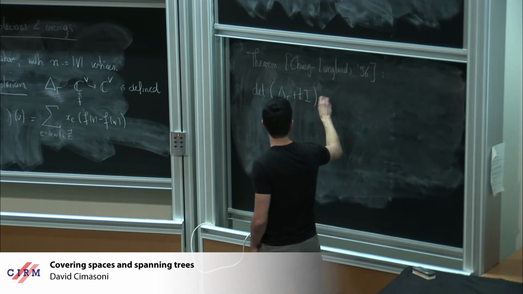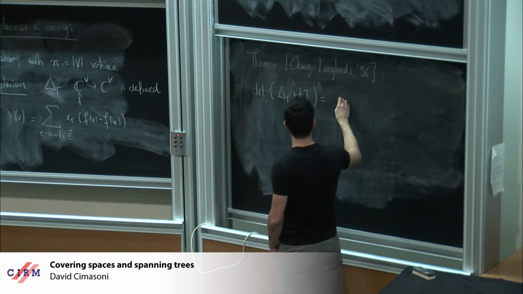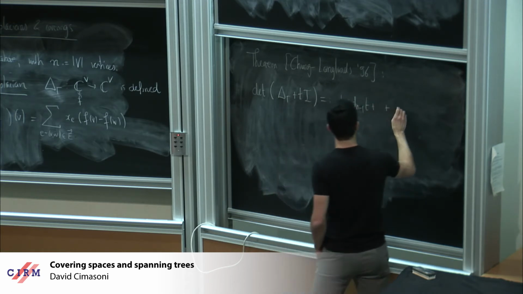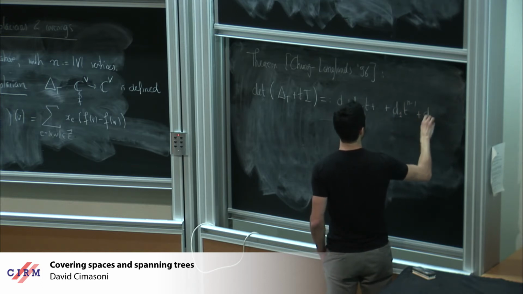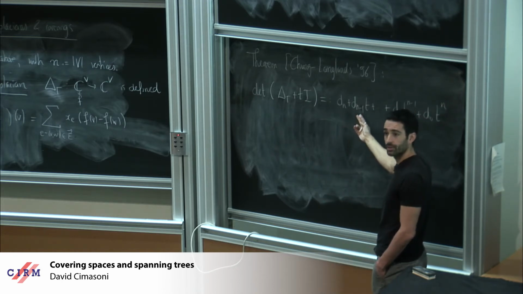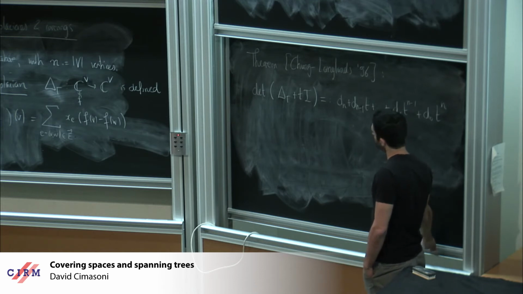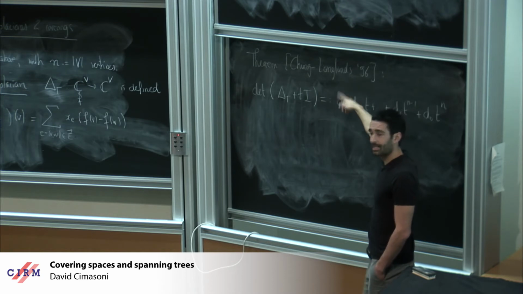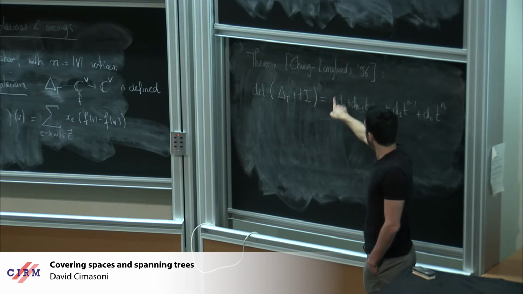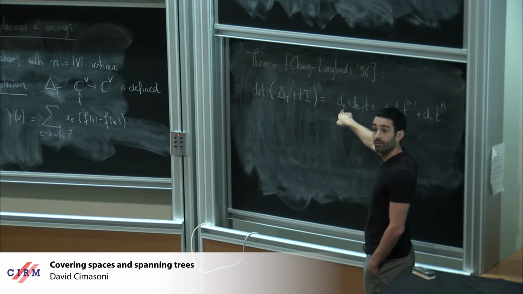Let's write this as d_n plus d_{n-1} t plus etc. plus d_1 t^{n-1} plus d_0 t^n. That's just to fix the notation of the coefficients of this polynomial. And what this theorem implies, not exactly the way they stated it, is a combinatorial interpretation of all these coefficients.